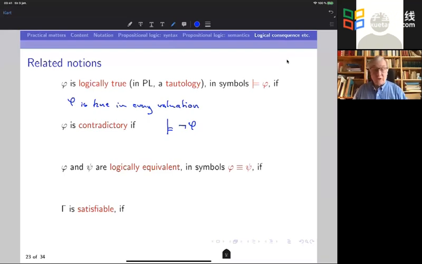So those are tautologies, contradictions, and then we have the important notion of logical equivalence. What does it mean that two formulas are logically equivalent? Well, it means that they are true in the same valuations.